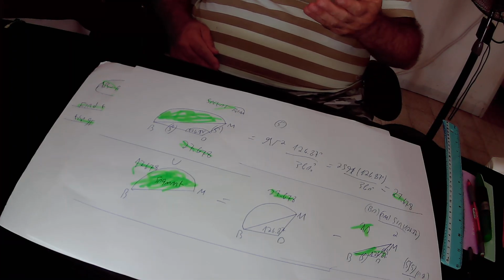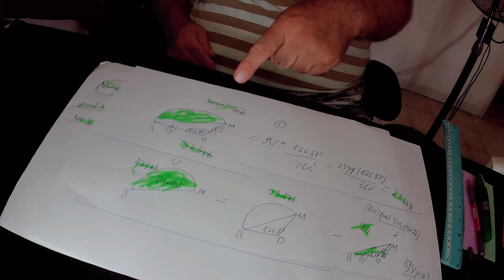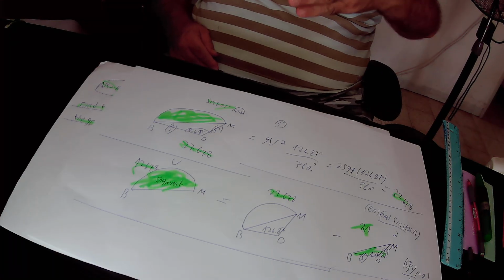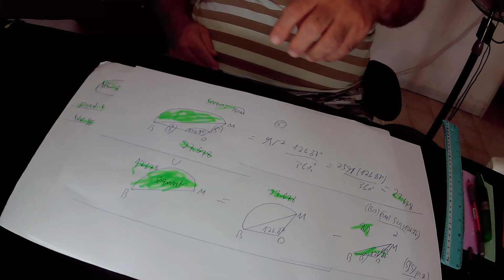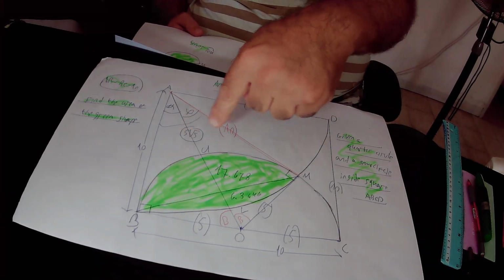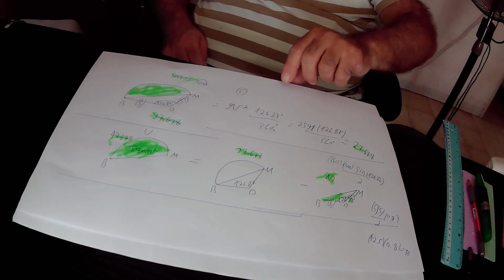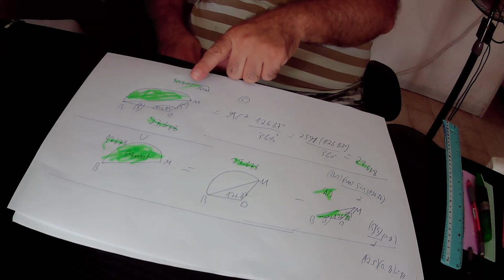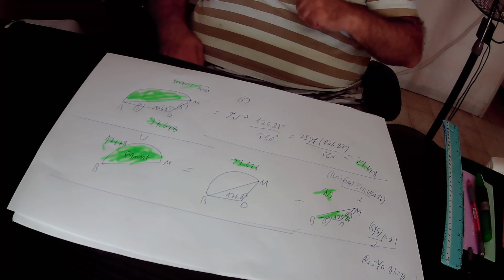According to the formula that I presented to you a couple of minutes ago, the area of the sector BOM must be equal to pi r squared, that is the area of the circle that contains the sector, and r is 5, times the angle between the legs of the sector, that is 126.87 over 360 degrees.